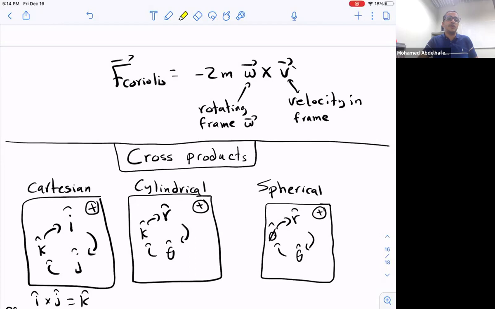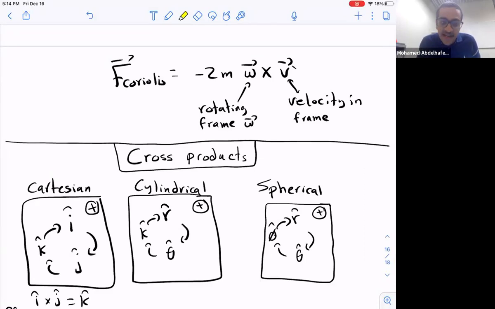If you live on a rotating frame, you exist in that rotating frame, and you start moving in the frame. The frame itself is rotating, you're rotating with it, but on top of that, you're moving. Like we walk on Earth. While we're walking or running on Earth, that's our v prime.